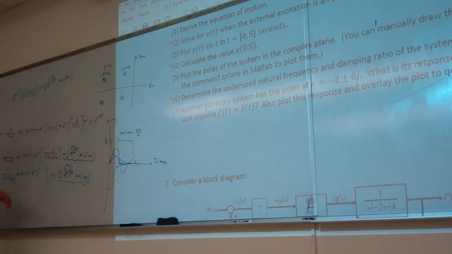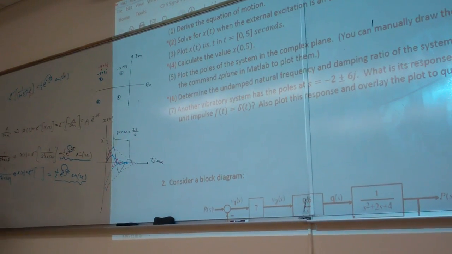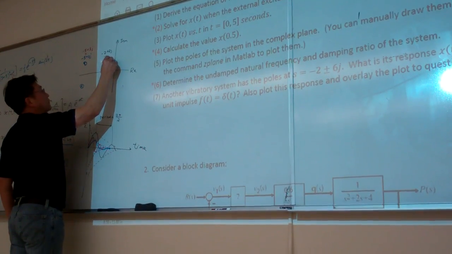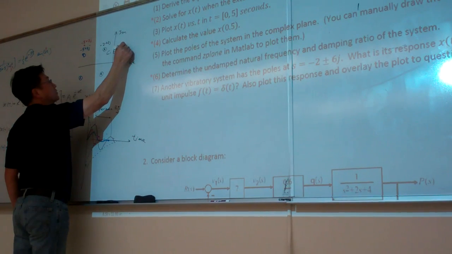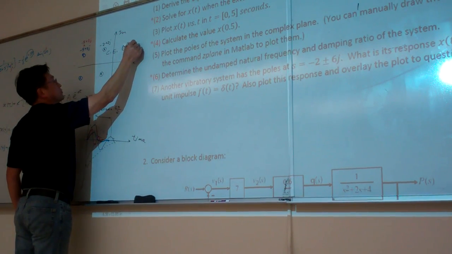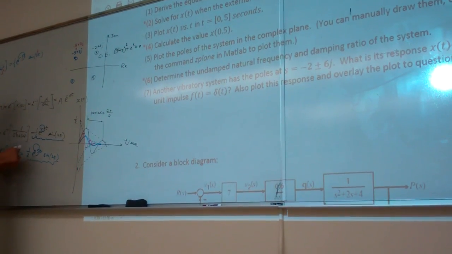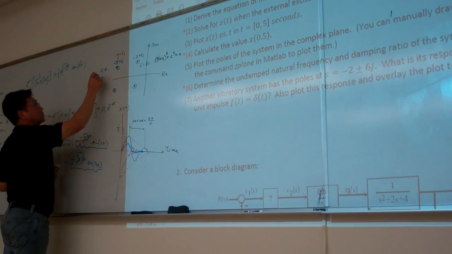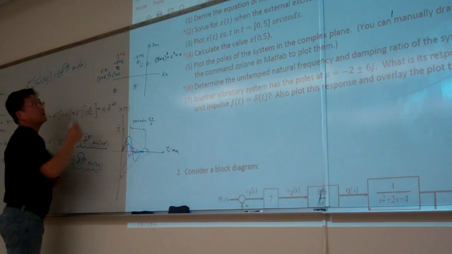So here you simply change the contents. The characteristic equation for this system is (s plus 2) squared plus 2 squared equal to 0, right? So for this system, the characteristic equation would be (s plus 5) squared plus 2 squared equal to 0, right?